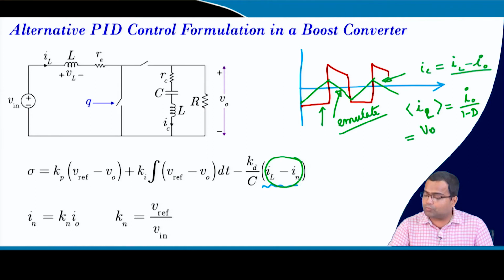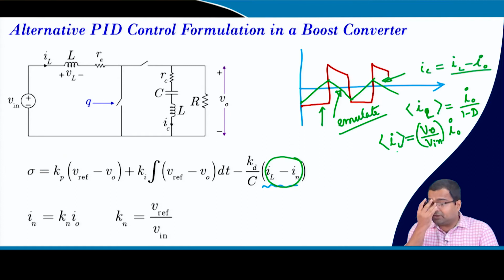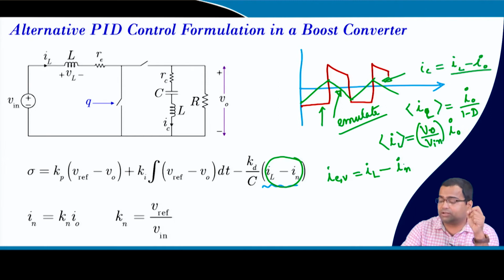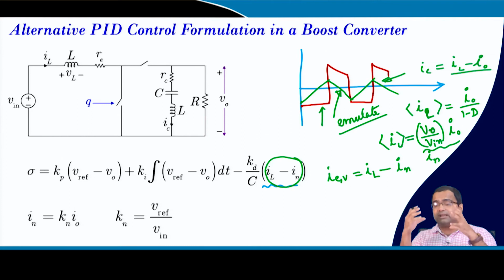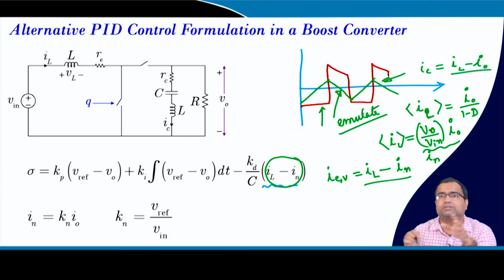It is your output voltage by input voltage into load current, that is my IL average. So, suppose we create a virtual capacitor current by means of inductor current minus the normalized load current. What is the normalized load current? So, this is my normalized load current. I am normalizing the load current such that the average value is equal to the average inductor current, so that their difference at steady state will be 0.